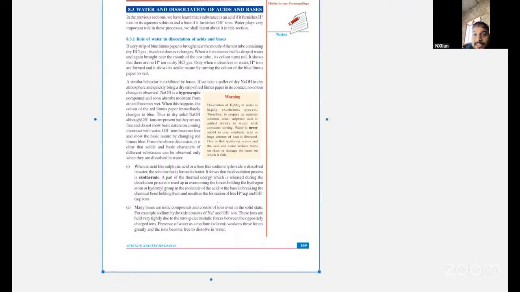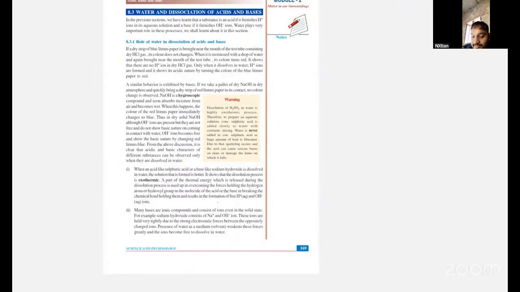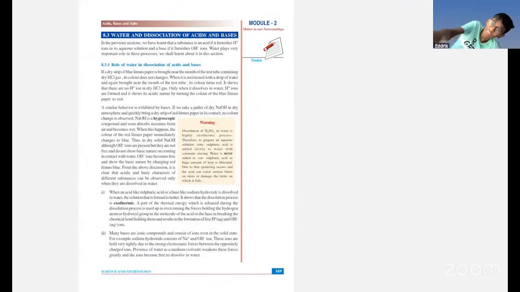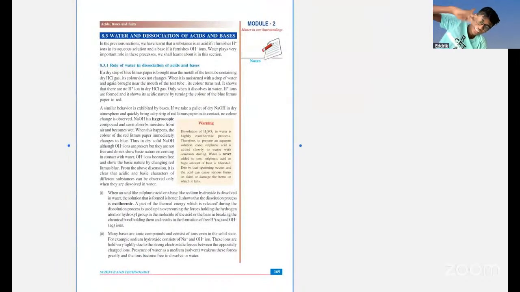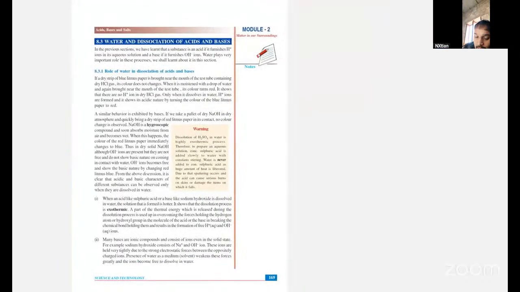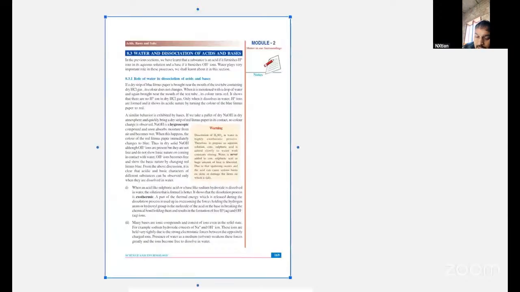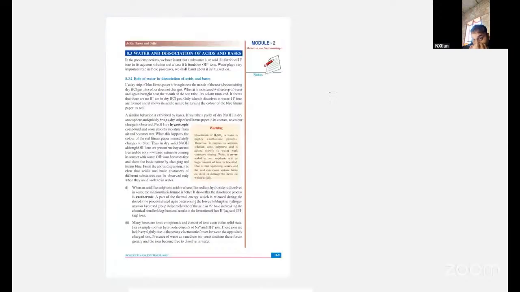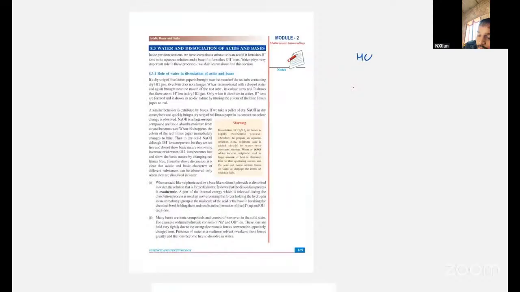Just come back to acid and base. Okay, now Part 11, come back. So now this topic is dissociation of acid and base. I told you before also that an acid only releases H plus ions in the presence of water.